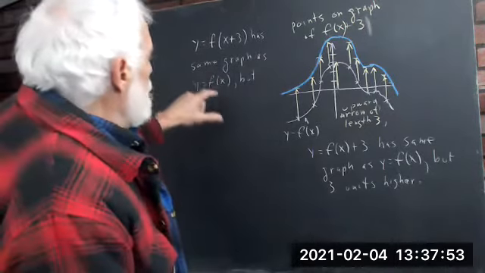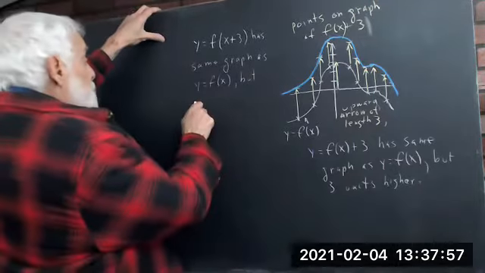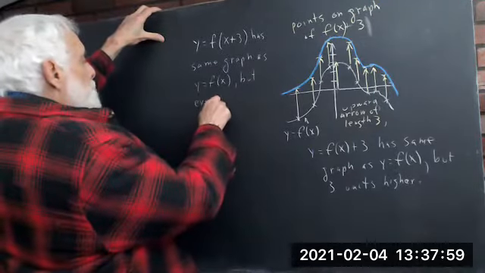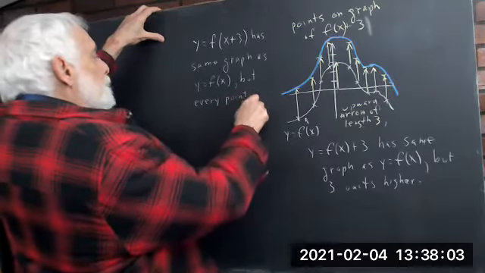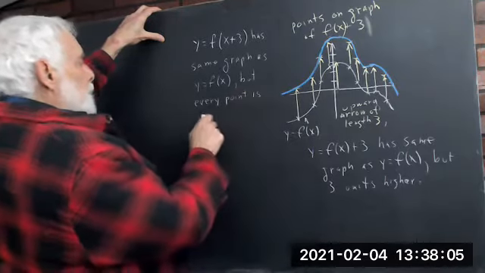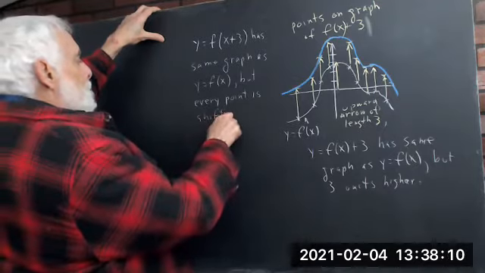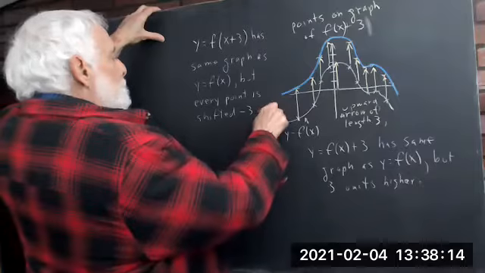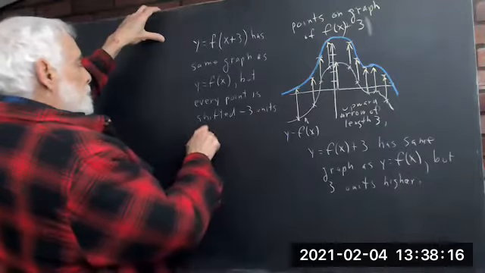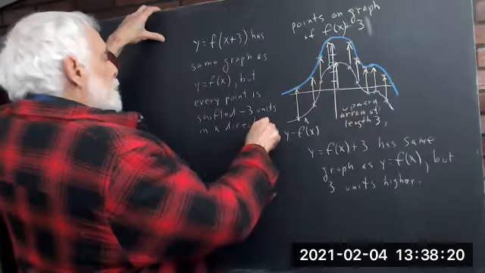Okay, this has the same graph as y equals f of x, but every point is shifted -3 units in the x direction.